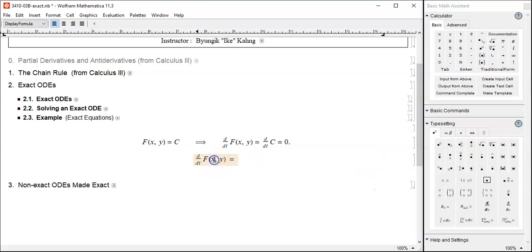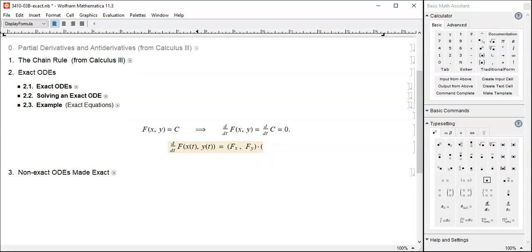Okay, so x is going to be a function of t. y is going to be a function of t. So I'm taking the derivative like this. It's a chain rule. So we have to take the derivative of the outer function, partial derivative, times the derivative of the inner function.